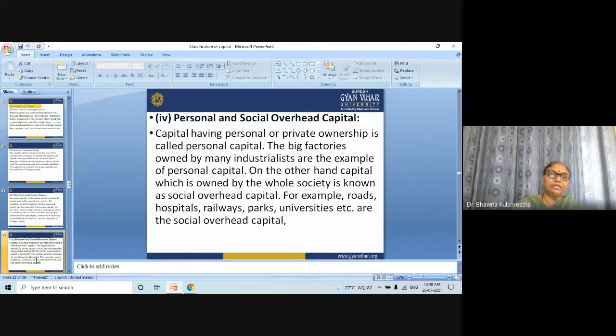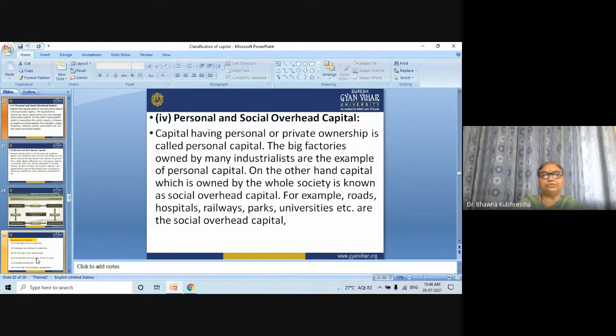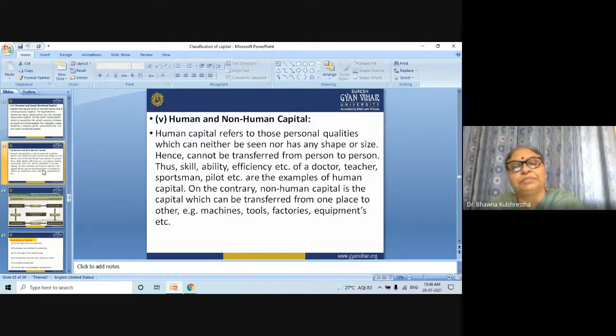And these capitals are personal and social overhead capital. And the next capital is human and non-human capital.